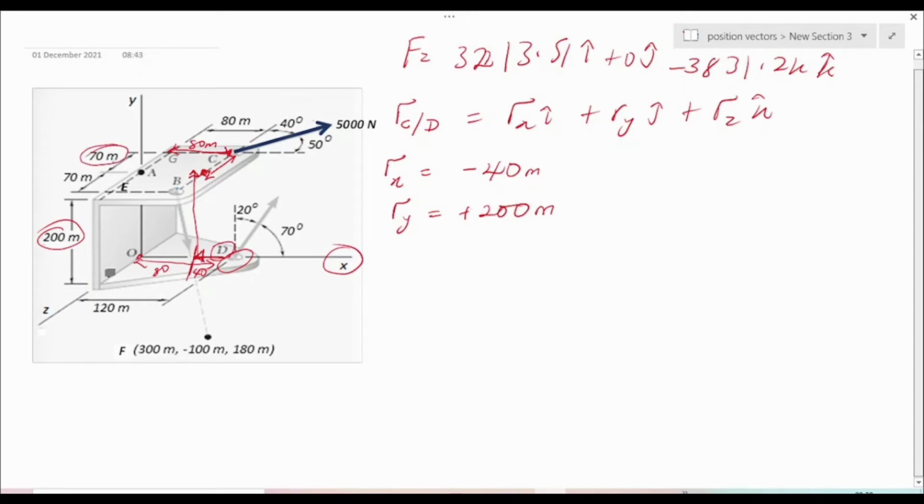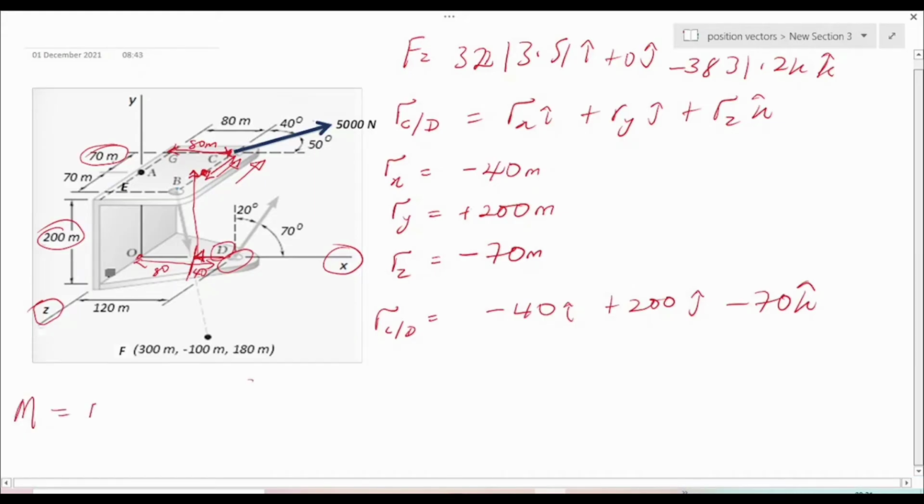And if one is to move 70 meters to the point where C is located, one will be traveling in a direction opposite the direction of the z-axis. So for this case, we have Rz to be minus 70 meters. And after that is done, we can write out our position vector clearly. RD is equal to minus 40 i plus 200 j minus 70 k.